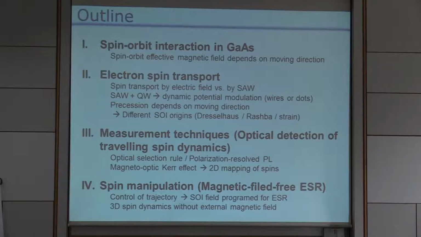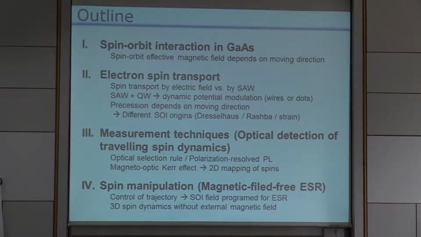I will explain how we do the experiment using the surface acoustic wave, which enables us to modulate the band gap, and we can make a wire-like or dot-like potential modulation. This enables us to observe spin precession that depends on the moving direction.